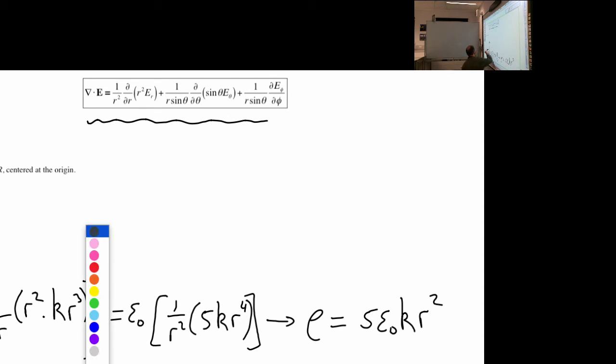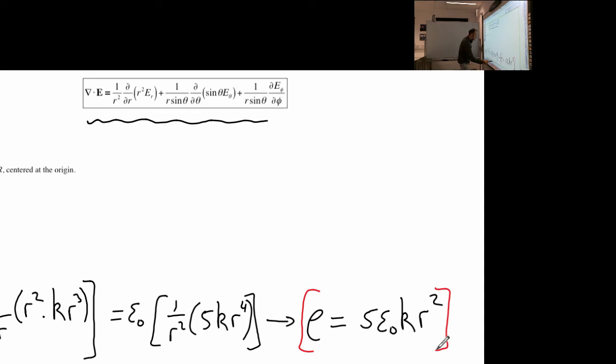And so we get an answer of our charge density rho is equal to 5 epsilon naught k r squared. Okay, so here's a charge density.